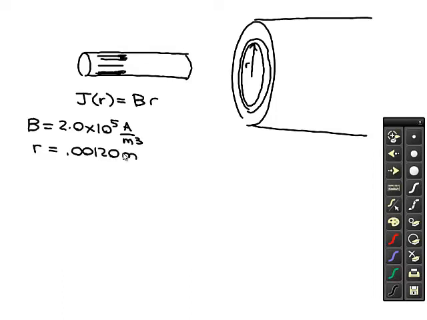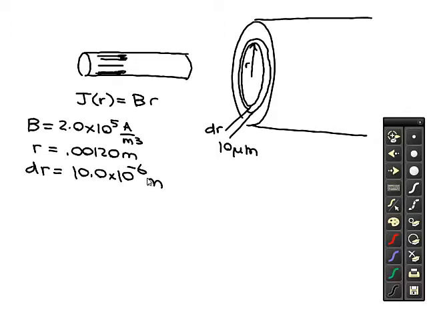So it's 1.2 millimeters. I converted it to meters. They also tell us that the thickness of this ring is 10 micrometers. I'm going to call that dr. So in meters that would be 10.0 times 10 to the minus 6 meters.